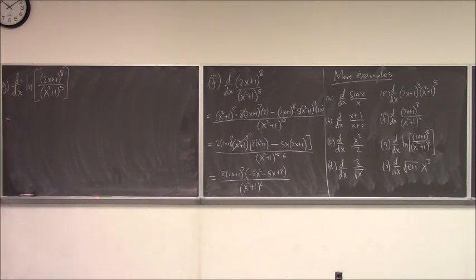How would you differentiate that? It's u prime, well, we found the derivative in the last one, times u, which is 2x plus 1 to the 8th over x squared plus 1 to the 10th.